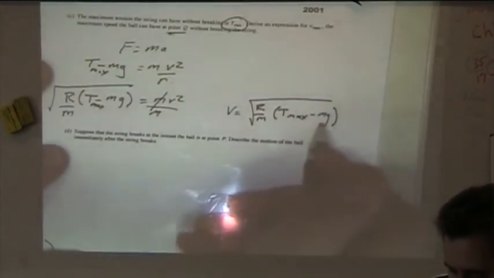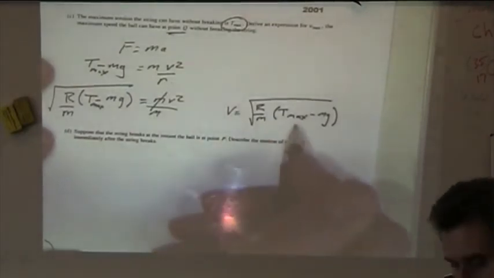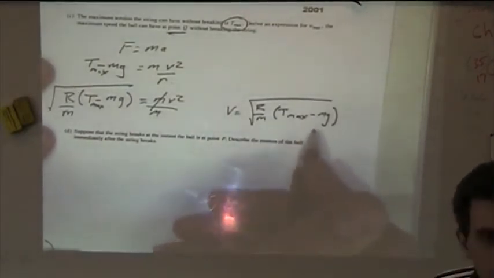Again, it's ugly, but it's the right answer. I'll come over here and rewrite it. V is going to equal big old square root sign r over m times the quantity T max minus mg. Now you can divide the m through here and do some more algebra with it, but you've got an expression for v in terms of the given variables, and that's all you need.